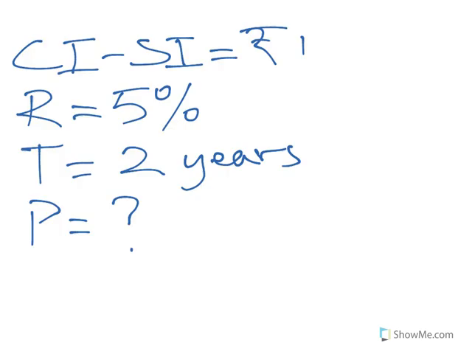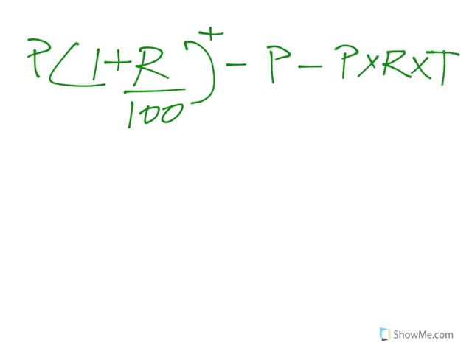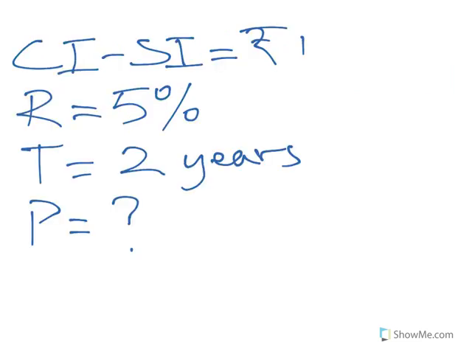Clear a few more pages so that we have space to write. And let's start. So my formula is P(1 plus R by 100) to the power T minus P times R times T divided by 100. Remember, we don't know what the principal is.